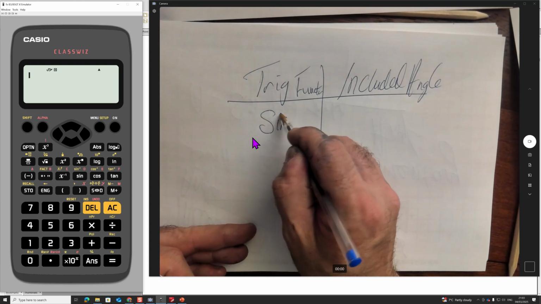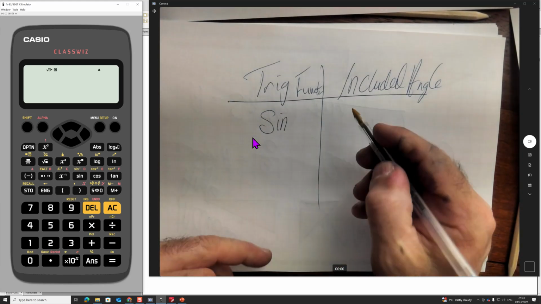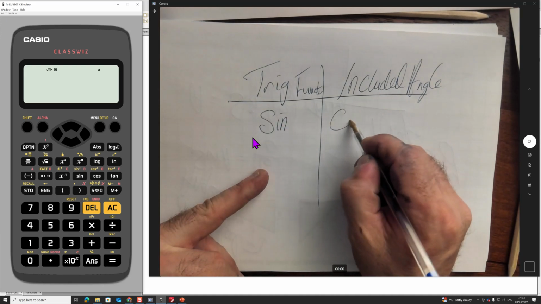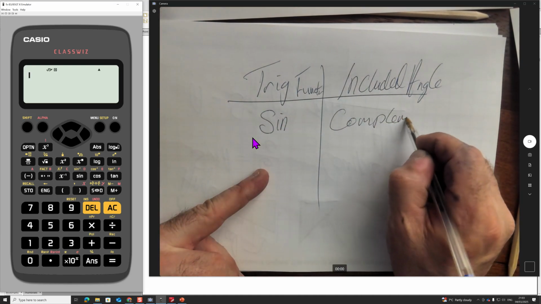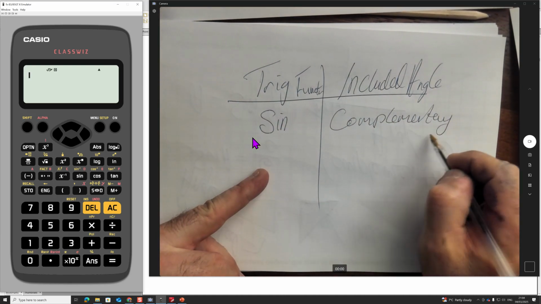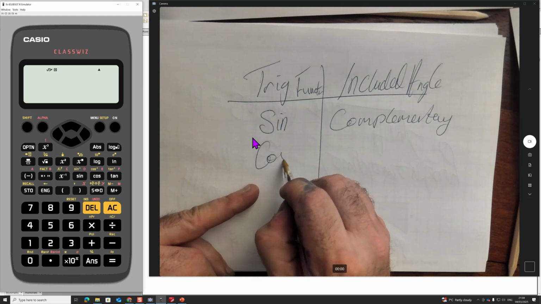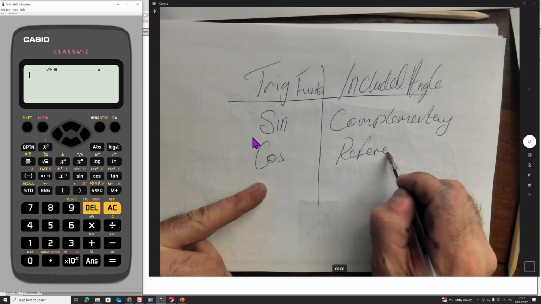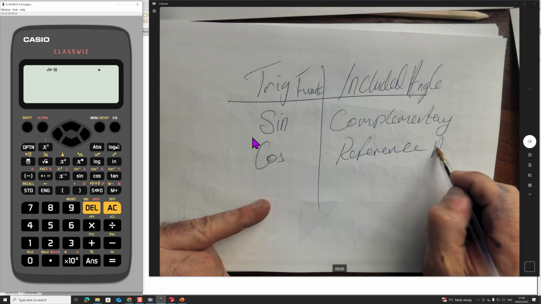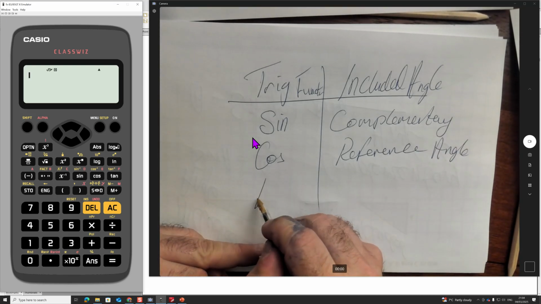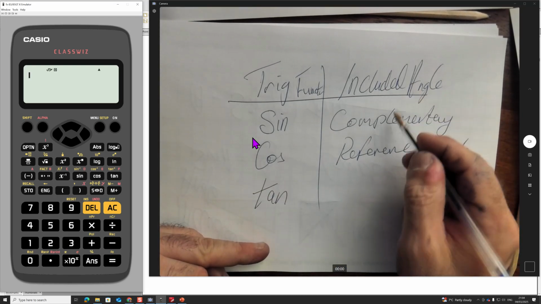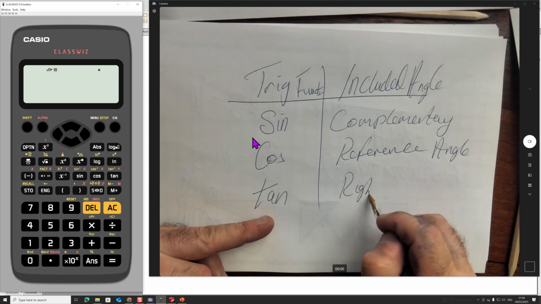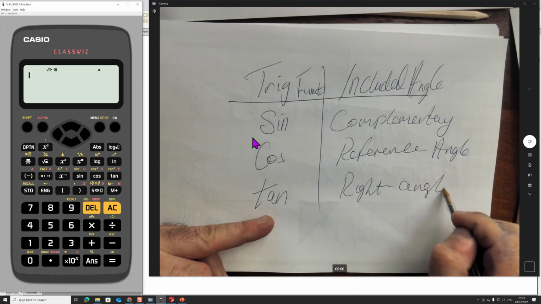You'd say sine. You may not need this, in other words. You should be going, I know the connection is sine, complementary angle. Cos is the reference angle, the one with the letter. And in case of tan, the included angle is the right angle.